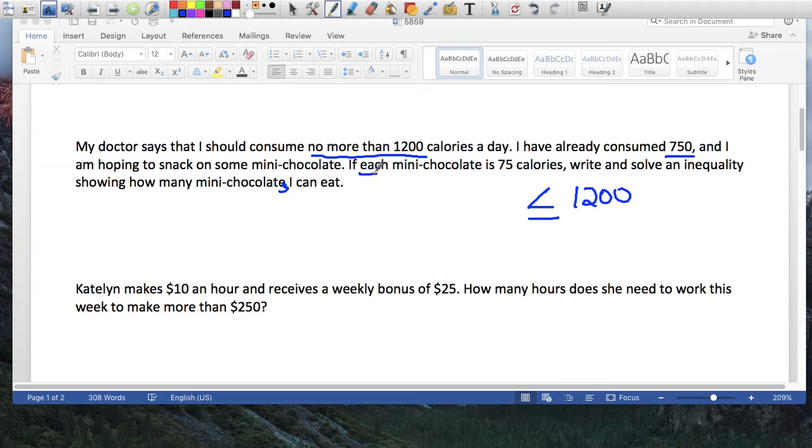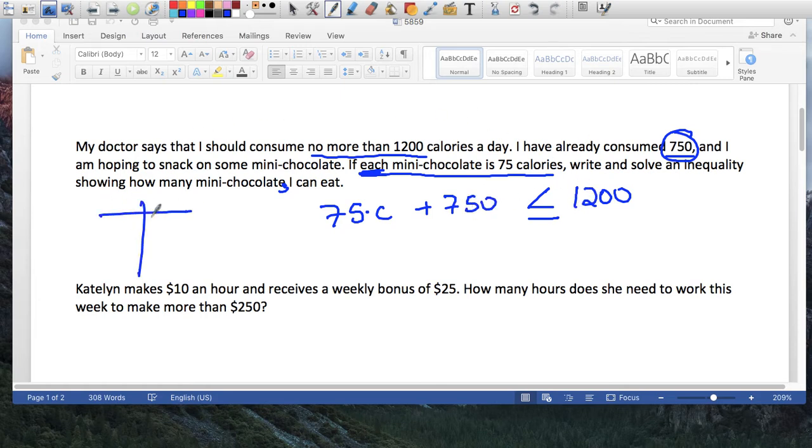Here's my clue. Another clue is each chocolate is 75 calories. So 75 times C for each chocolate, right? Every chocolate I eat is going to be 75 calories. And I already have eaten 750 calories. So that's going to leave me a lot of calories left for the rest of the day.